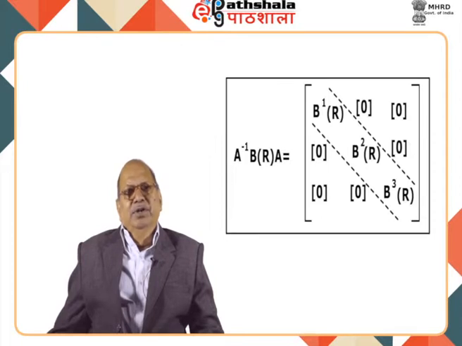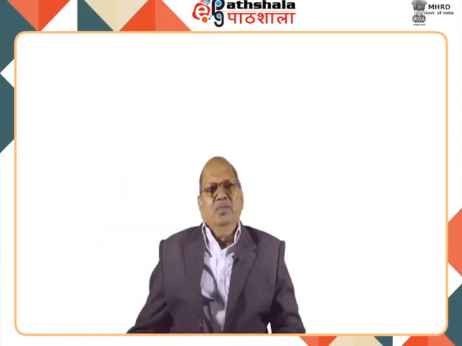This can be done by just carrying out the similarity transformation. That is, I am able to get the block matrices which are related by similarity transformation. This similarity transformation just reduces the larger reducible representation to the smaller irreducible representations.